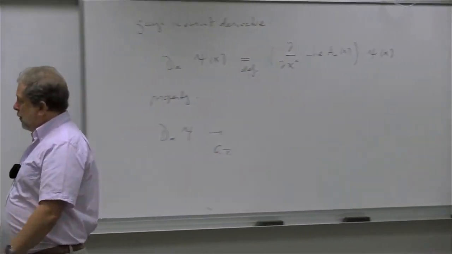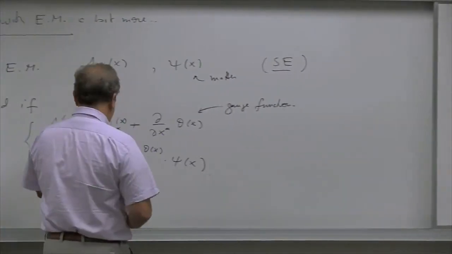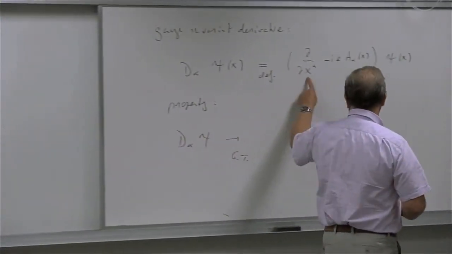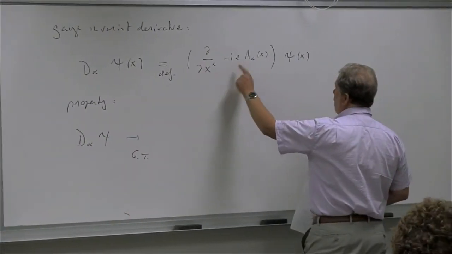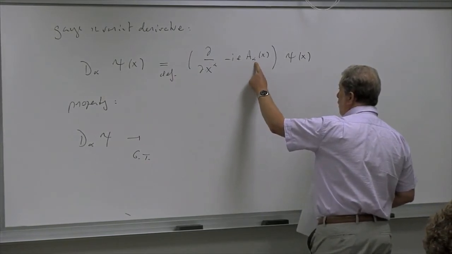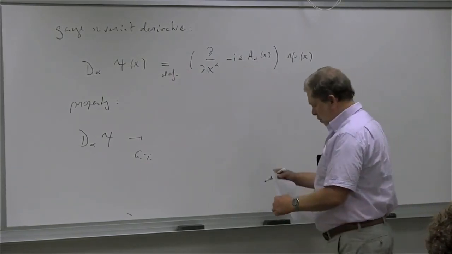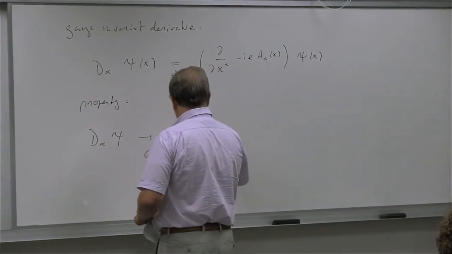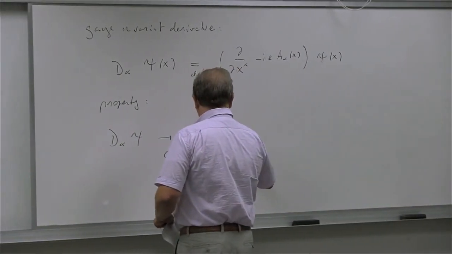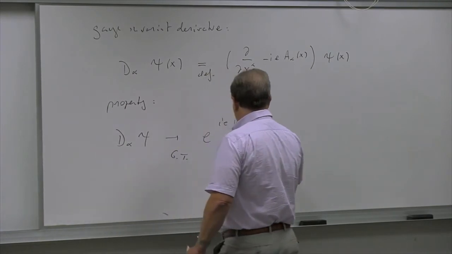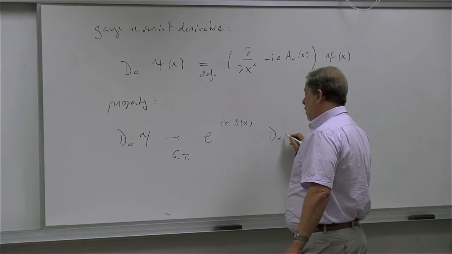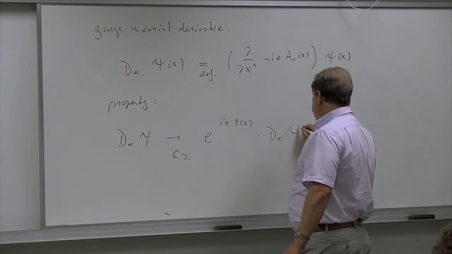But at the same time, the field acquires a phase, and so this derivative gives a phase term, and the gauge transform of A also gives a theta term, and the two terms cancel out. And so this just turns into e to the i e theta of x times the same derivative, D alpha, acting on psi.